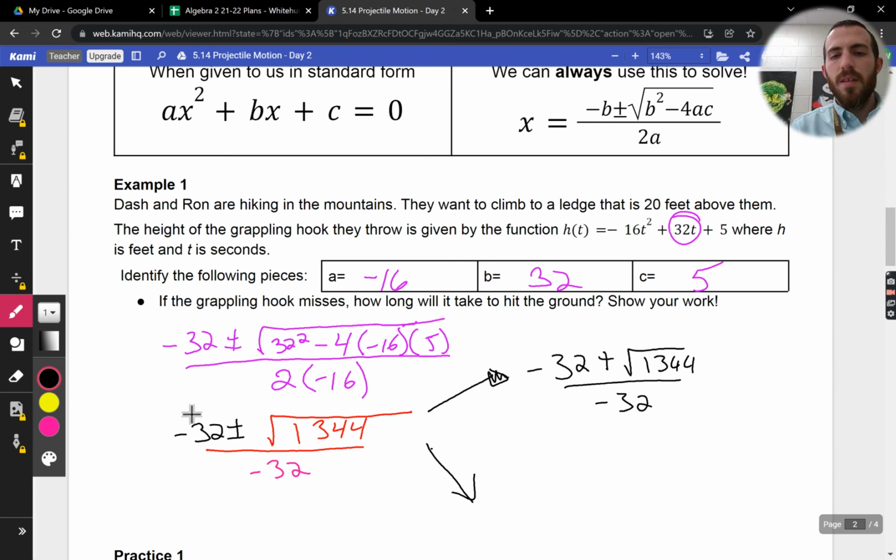And we're going to have one that does negative 32 minus the square root of 1344, all over negative 32. Because if we think about this, when we have a parabola that faces down, it's going to hit the x-axis twice. So there will be 2 solutions that we have to solve for.